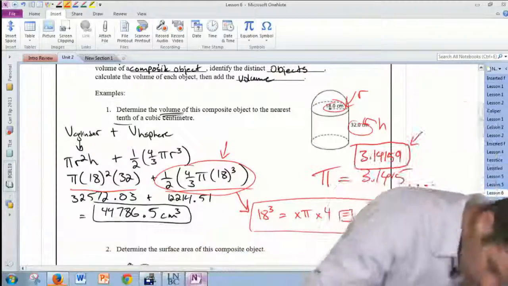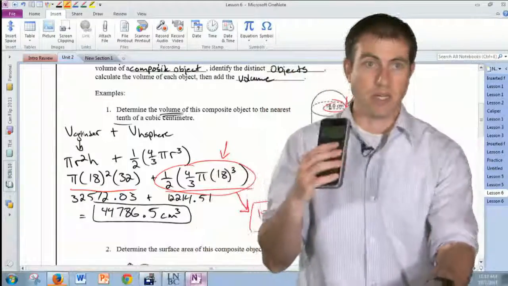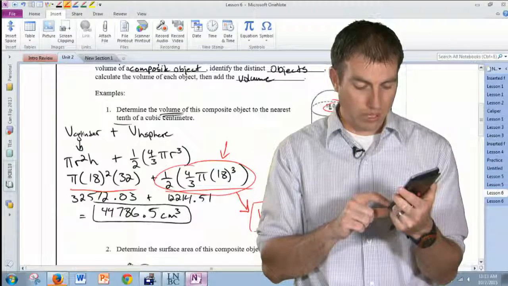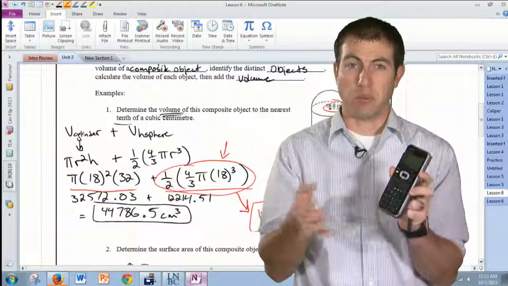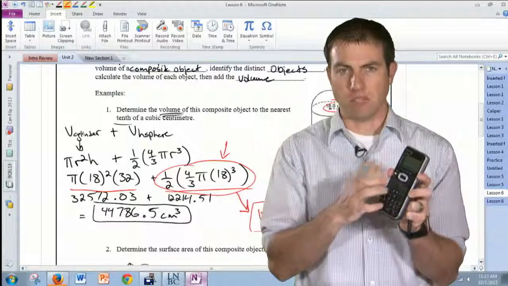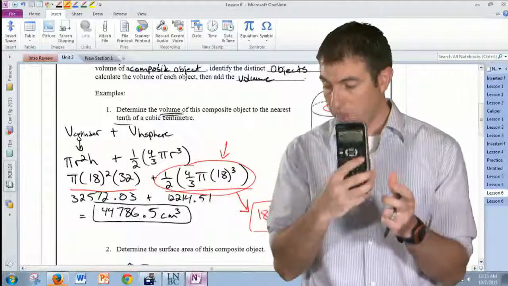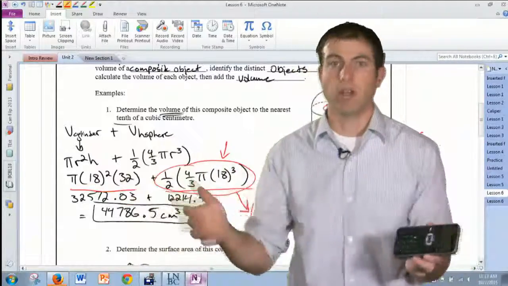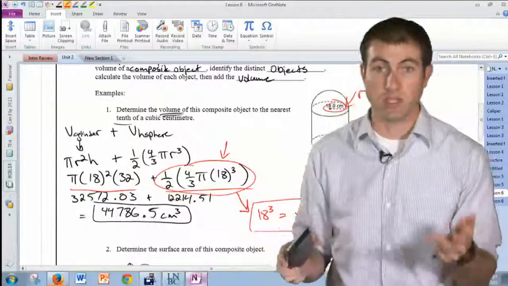And then my other one here, just a little Sharp scientific calculator, same deal, pi isn't its own button. I have to go shift, and it's the number 3, which makes a little bit of sense with 3.14. So this is Sharp. That works different than a Casio, which works different than whatever brand you have. They're all a little bit different. That's why it's really important to get to know your calculator.